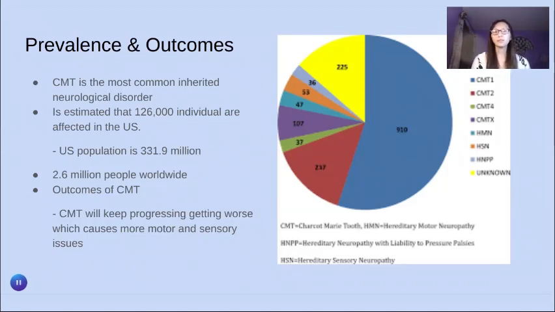The outcome of CMT: it will progressively get worse, which will cause more motor and sensory issues. As seen from the chart, CMT1 is the most affected, while CMT2 is second.